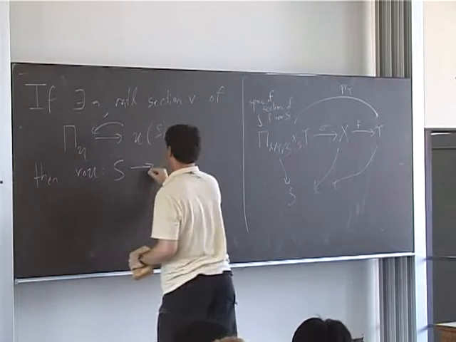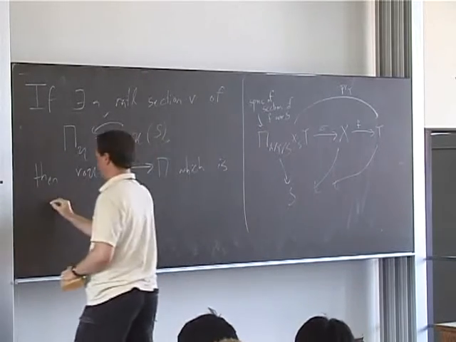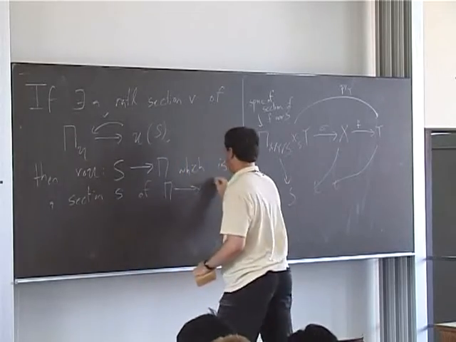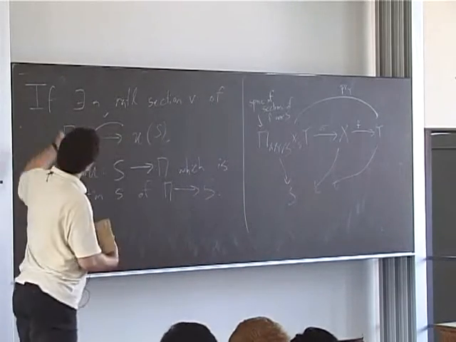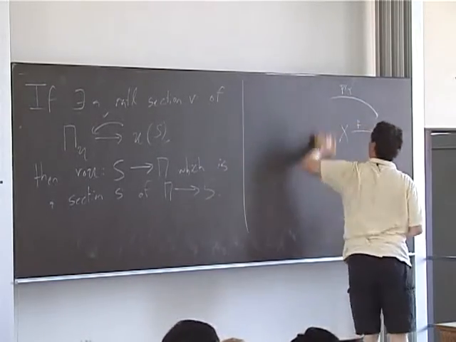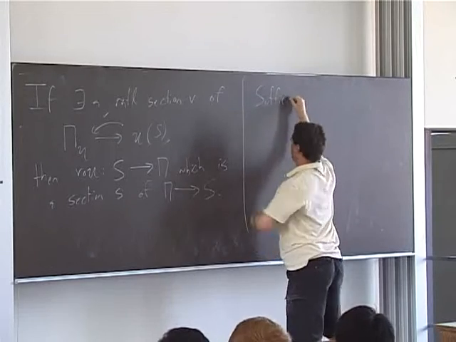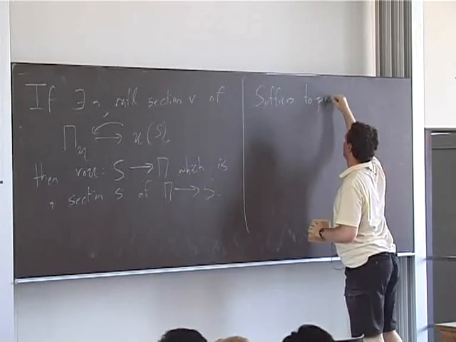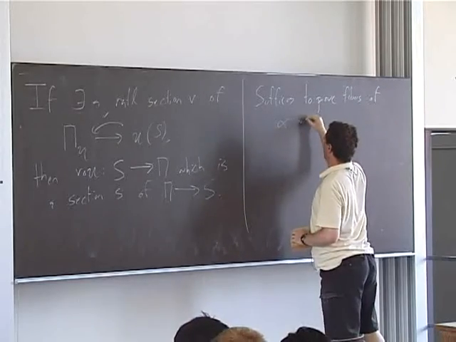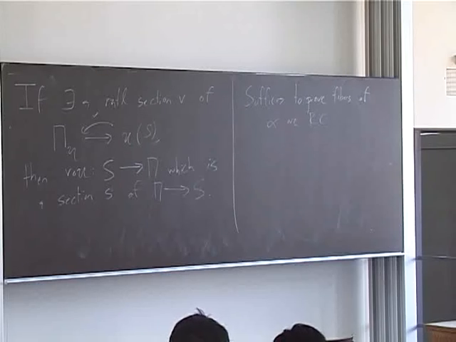So that's a map from S to pi, which is a section of this projection to S. So because of this, the whole point is that it suffices to prove that the fibers of alpha are rationally connected.